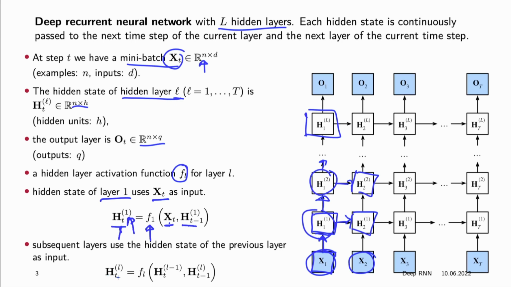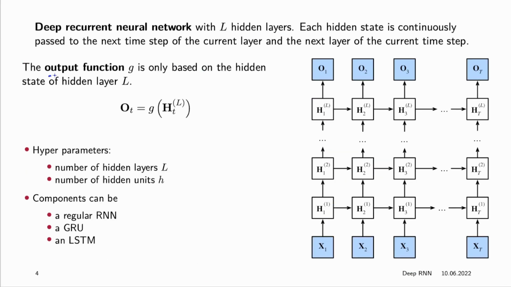In subsequent layers, we use the hidden state of the previous layer as input. So instead of using xt as input, we input the hidden state at the same time point, but at layer L-1 as input, and combine it with the hidden state at the time point t-1, so at the previous time point, but at our current layer L. The output function, g, only takes the hidden state of the last layer, capital L, as an input.